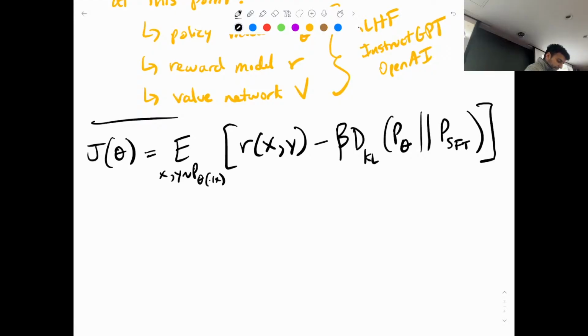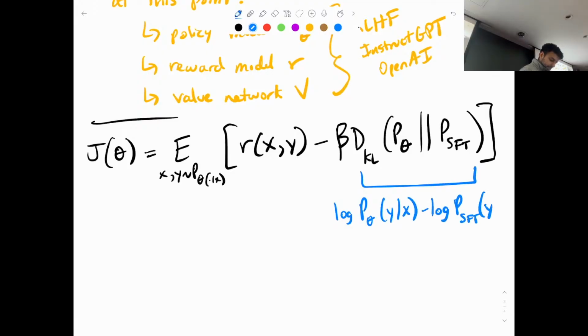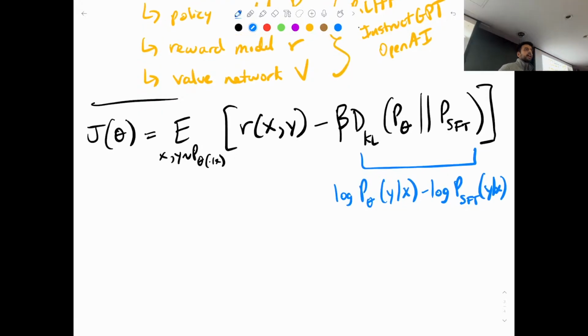So again, remember that in this KL term, the beta is a hyperparameter which you set yourself. This was just equal to the difference in the log probabilities. And note that this is actually the reverse KL divergence.